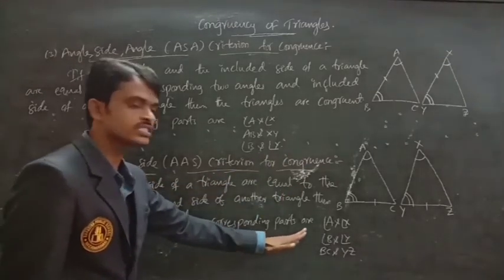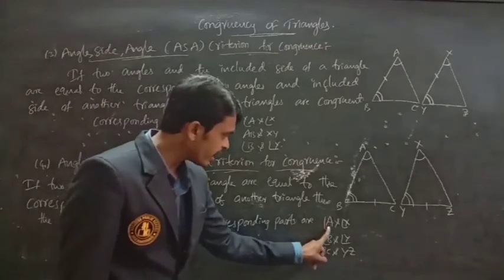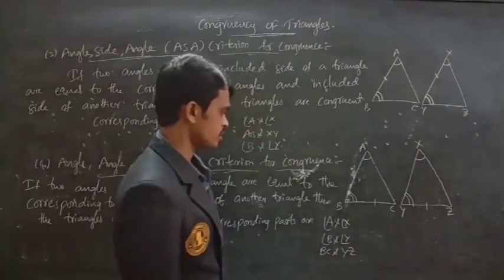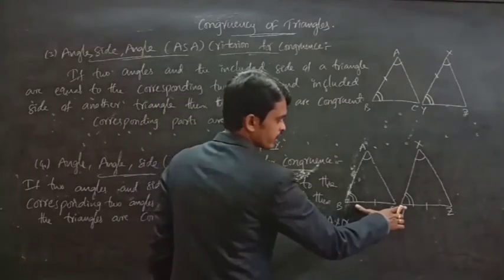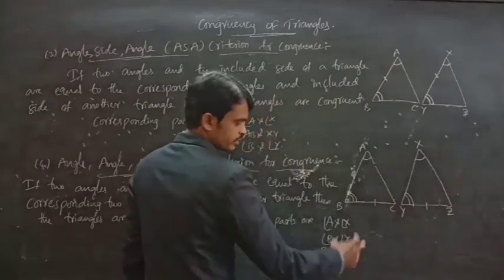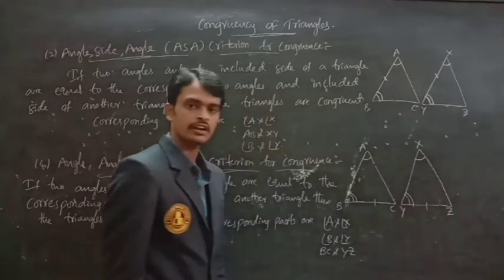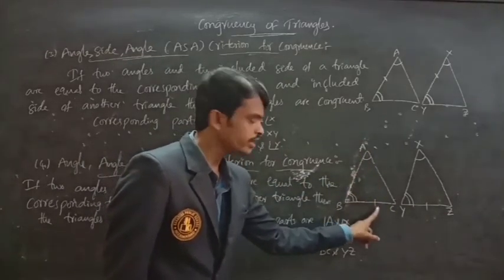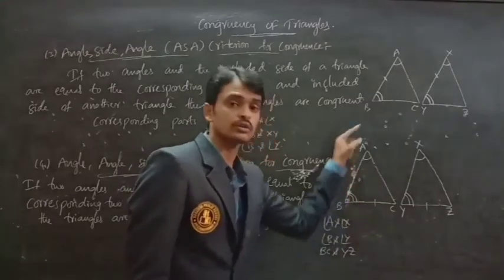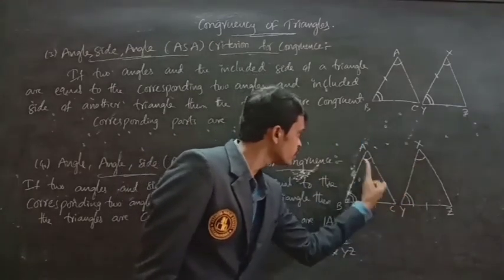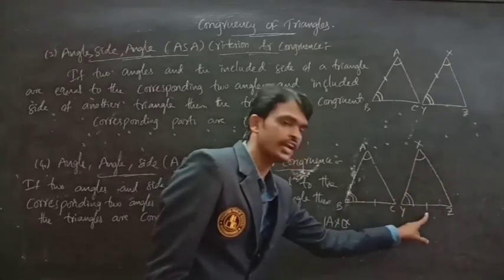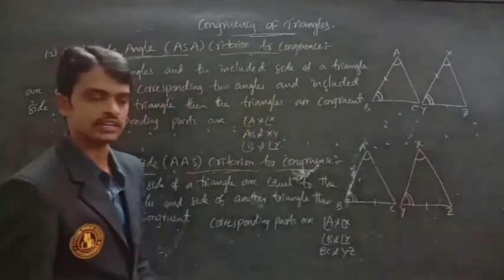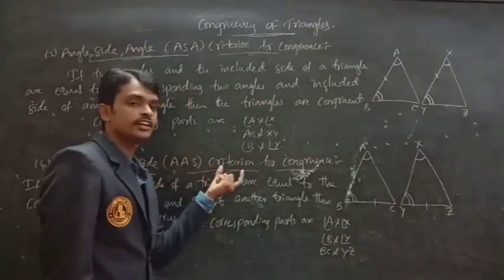Here the corresponding parts are angle A and angle X, angle B and angle Y, and side BC and YZ. So in triangle ABC, two angles and the side are equal to the corresponding two angles and the side of another triangle, then these two triangles are congruent according to the angle angle side criterion.